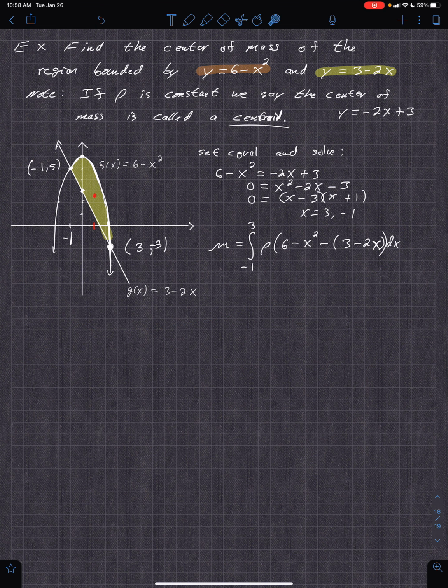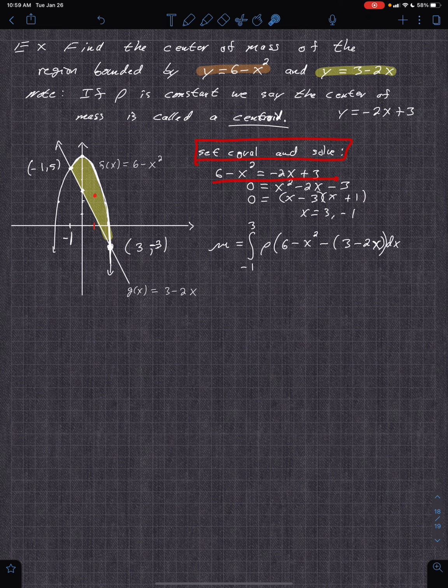So we have 6 minus x squared as the parabola, up 6 units, opens down. The 3 minus 2x has a slope of negative 2, up 3 units, and looks like that. To figure out the intersections, you of course set equal and solve.